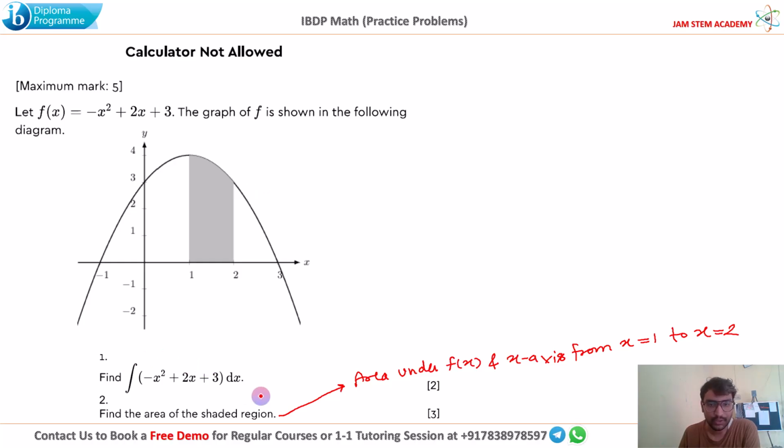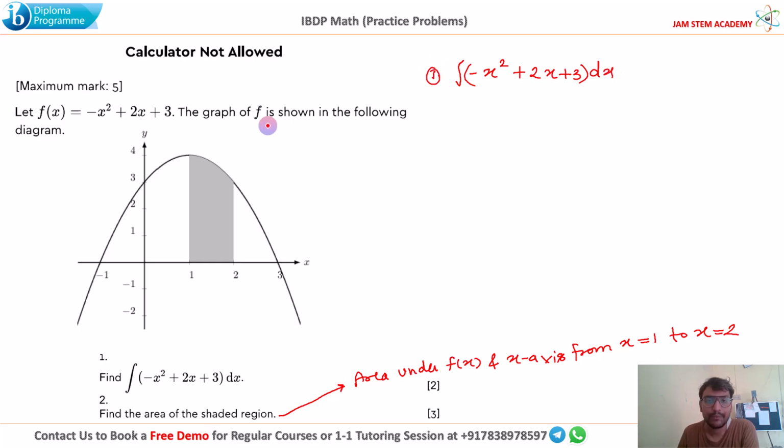Okay, so first let's calculate the indefinite integral, means the first part. So answer to the first part is, we have to integrate this negative x squared plus 2x plus 3. So we will do the term by term integral.